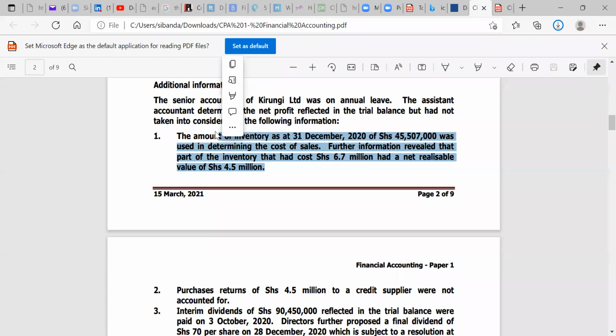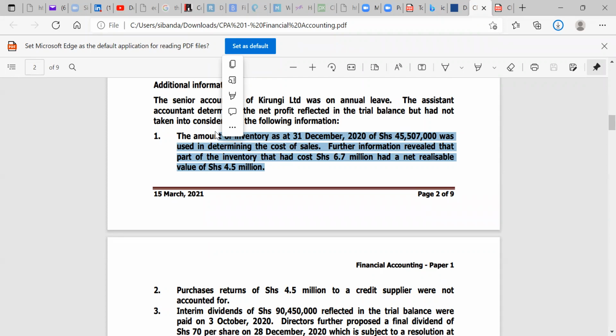I'll give you an example. Let's say you deal in phones. So you have phones worth 200,000 based on cost, maybe that's what you bought them for. But along the way, phones keep on getting off the market because there are new versions that come up.